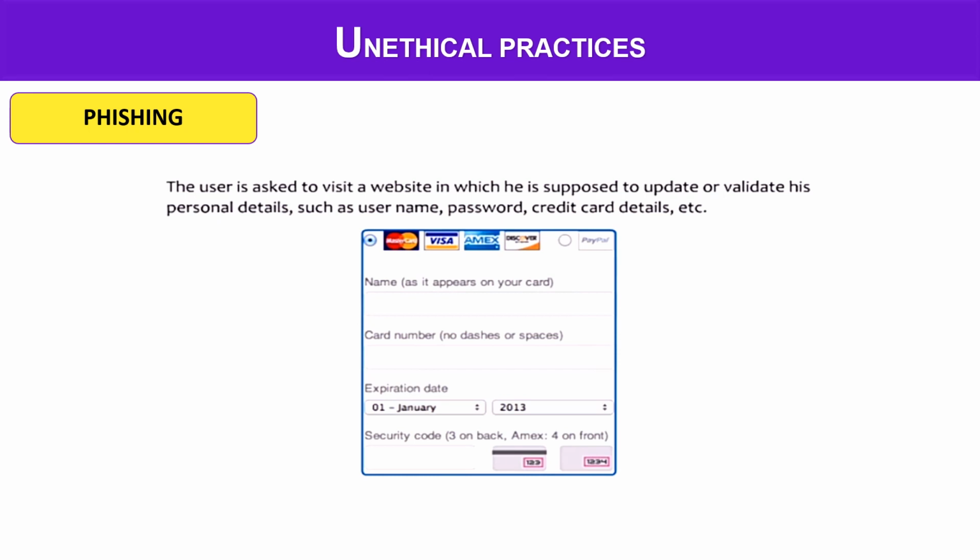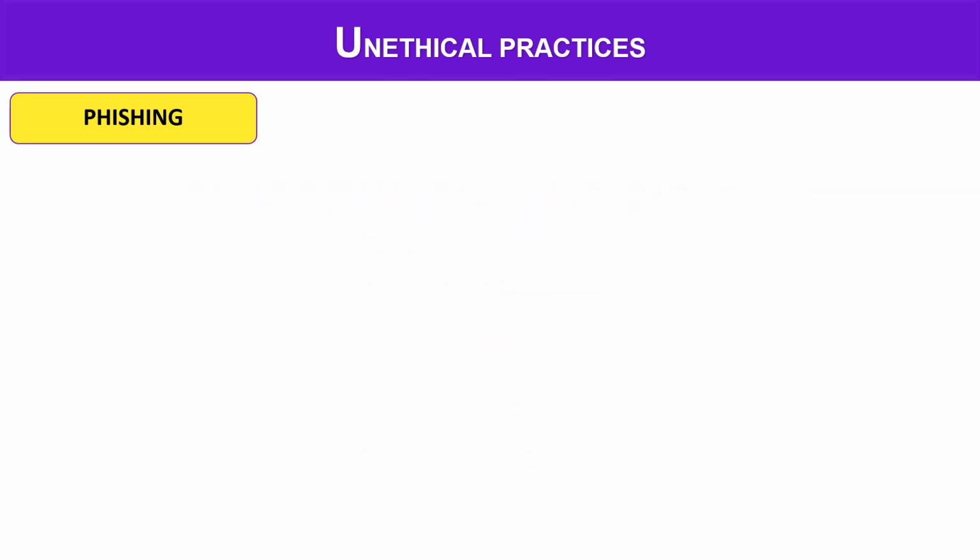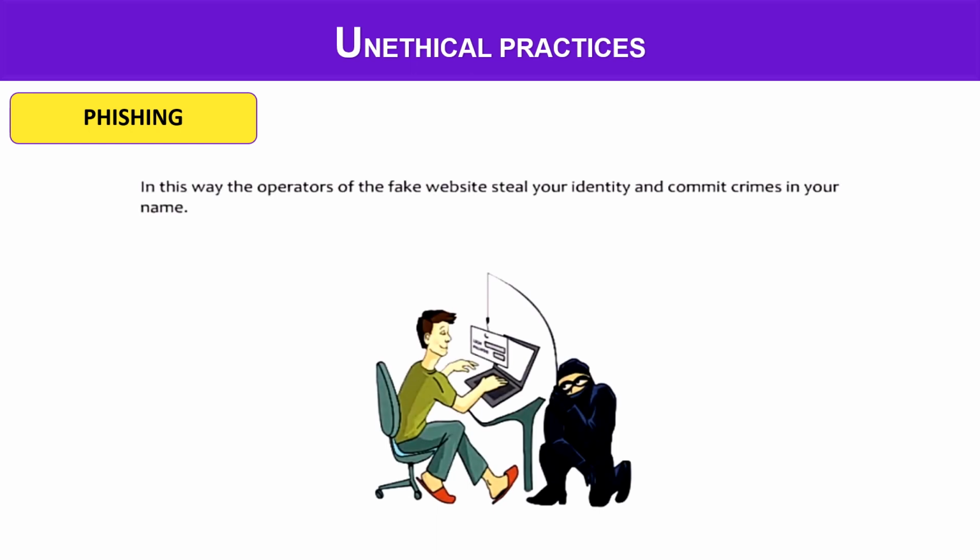These emails usually have a link to a page that looks almost like that of the real bank. In this way, the operators of the fake website steal your identity and commit crimes in your name. This could damage your reputation and cause heavy, sometimes irrecoverable, financial losses.